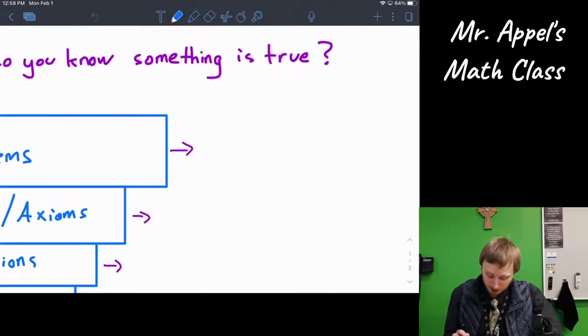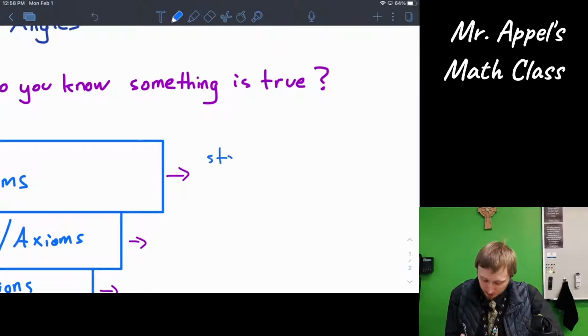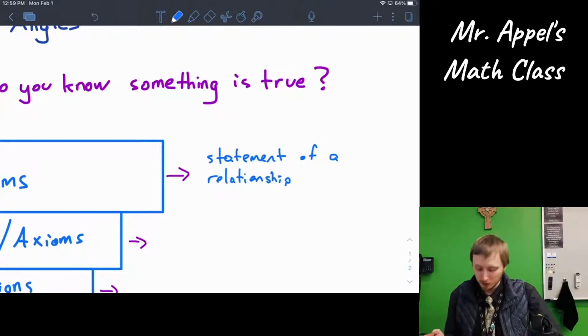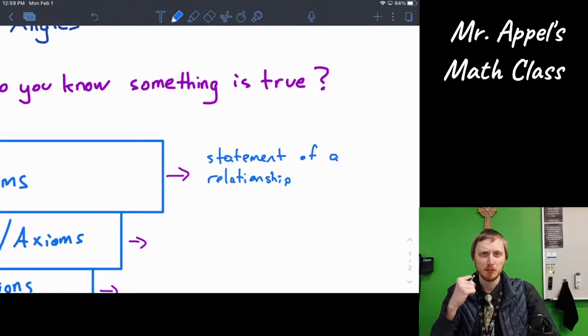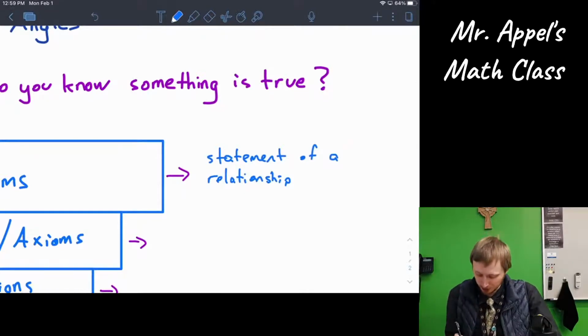That is, a theorem is any type of statement of a relationship, or if I wanted to go broader, the definition of math that I've used before, those interconnected ideas, a study of structure, statement of relationship or structure, property.